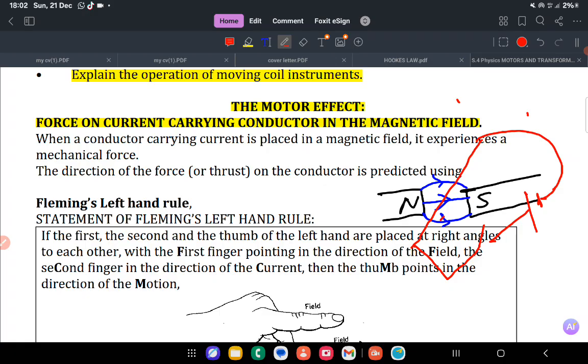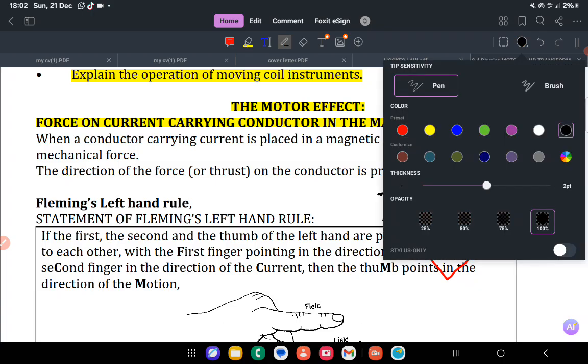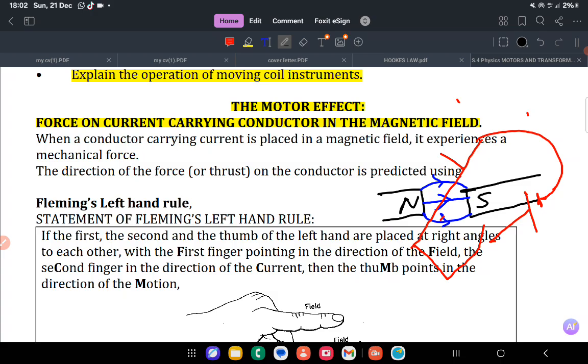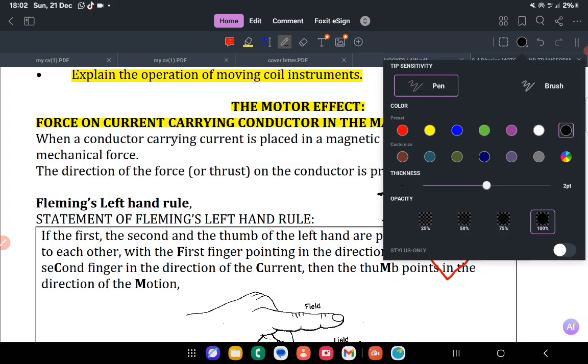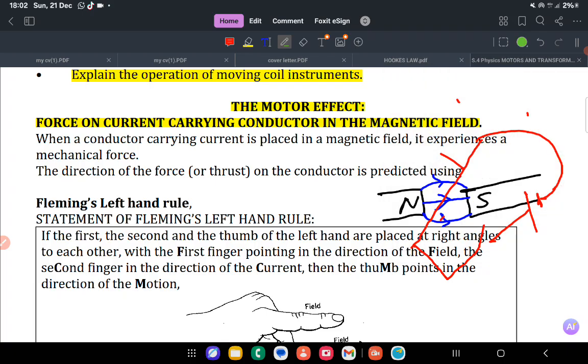This is a wire. Let me color it nicely so that we don't get lost on the way. Maybe green is going to help. Suppose this is our wire which is carrying current.